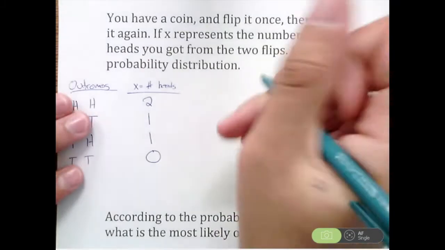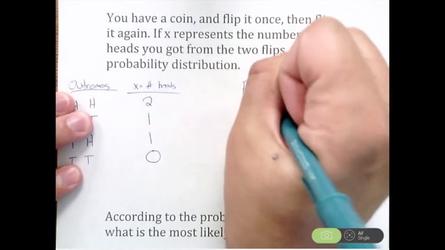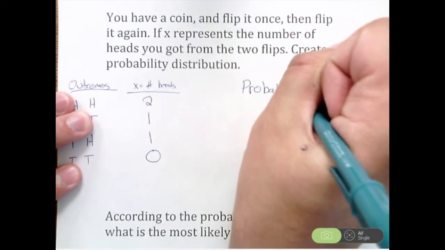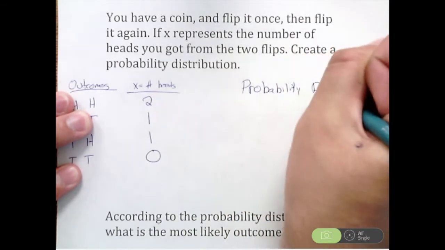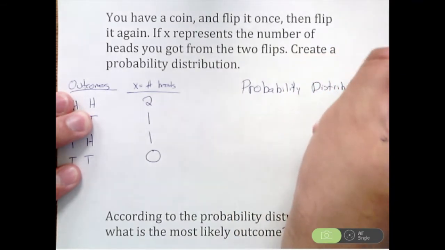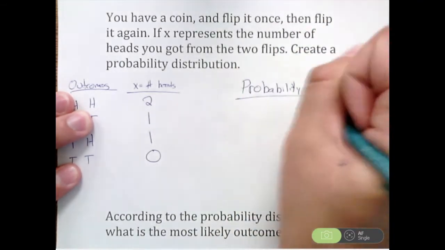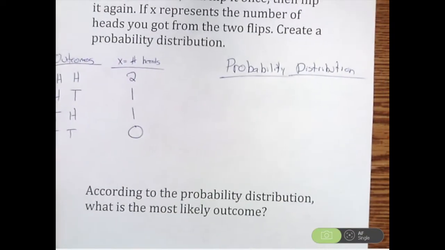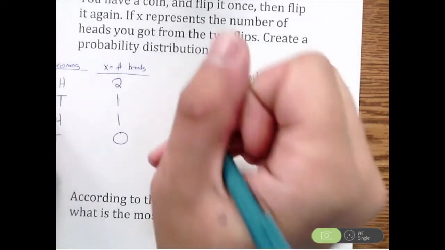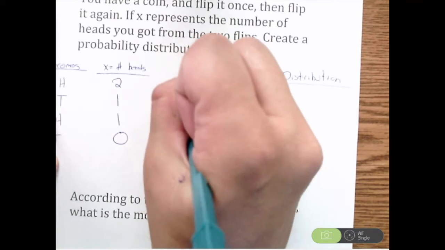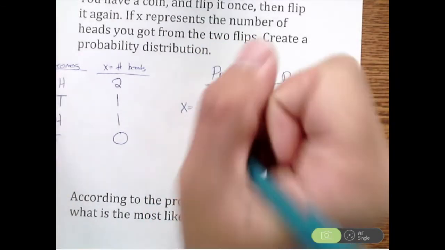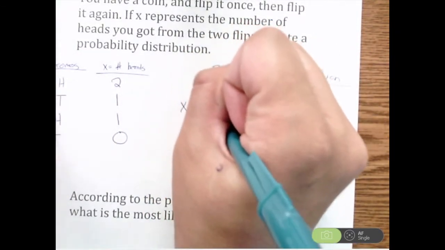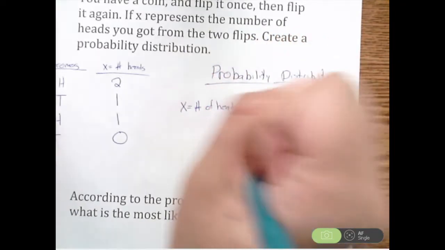So the piece that we need to make is a probability distribution. And this allows us to see probabilities in a table format. So you're going to have at least two rows to this. We have an X row, where X represents the number of heads.